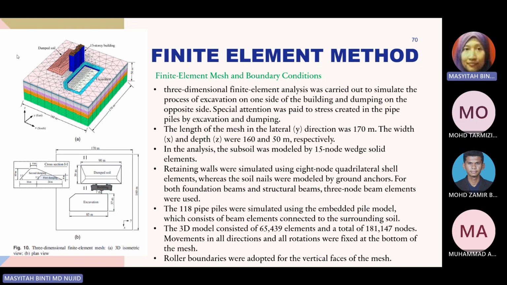So this 3-dimensional model consisted of 65,439 elements and in total 147 nodes. The movement in all directions and all rotations was fixed at the bottom of the mesh. The mesh, as you see on the top left of this image, will differ according to the building or the model you are focusing on.